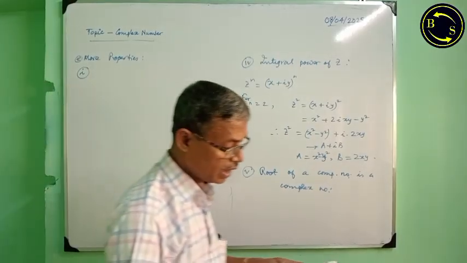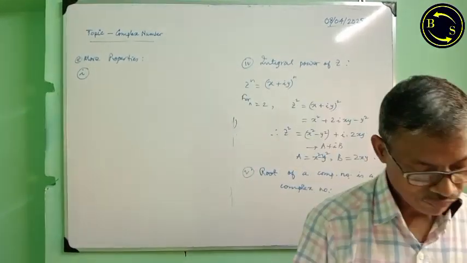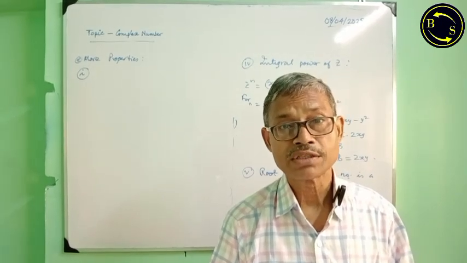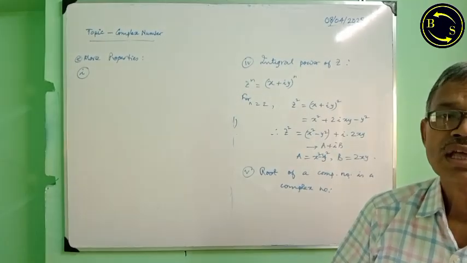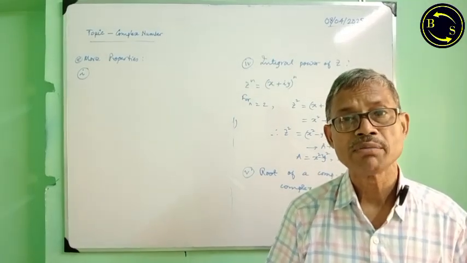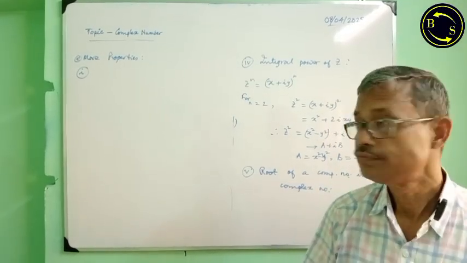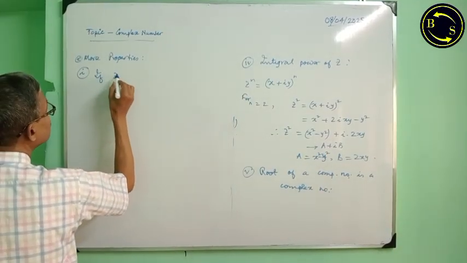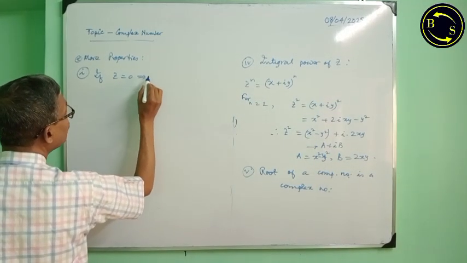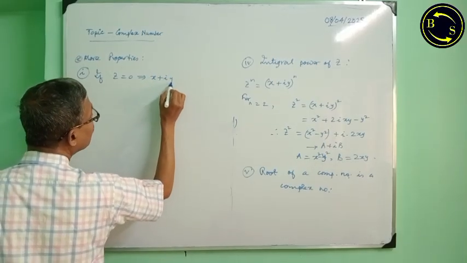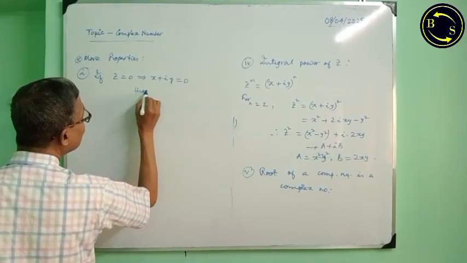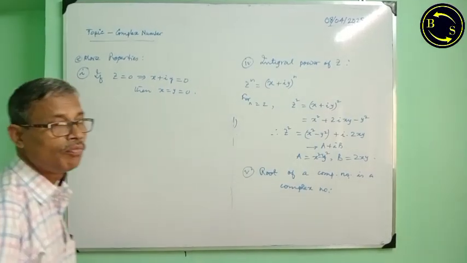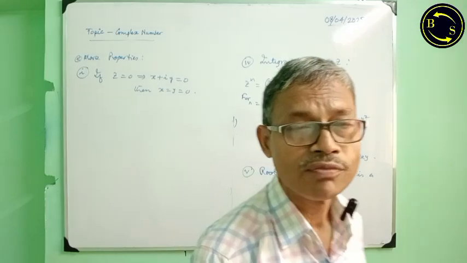First of all, if a given complex number be 0, then its real part and imaginary part both are 0. The given complex number is 0.